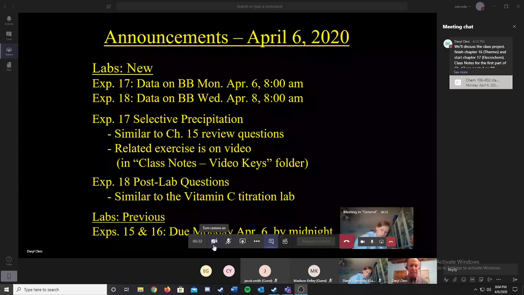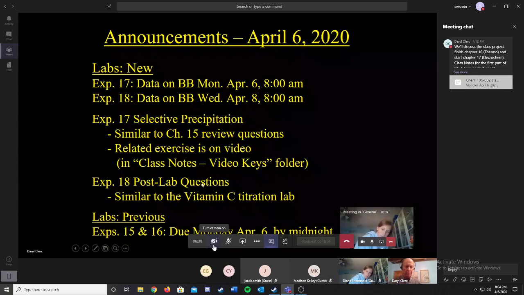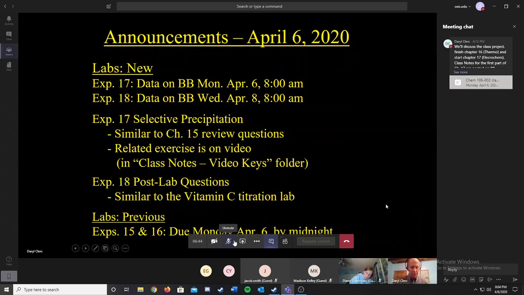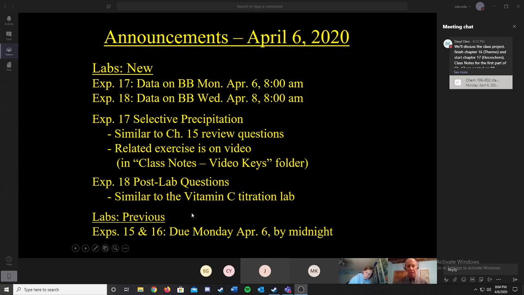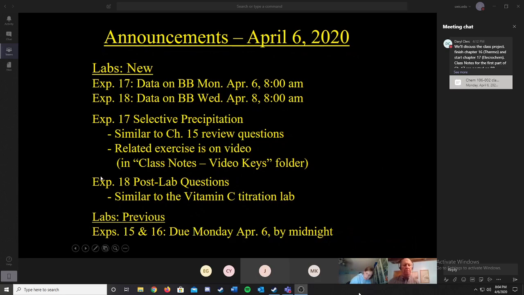Regarding experiment 18, the post-lab questions are similar to the vitamin C titration lab. And previous labs are due today. That's labs 15 and 16 due tonight by midnight. And by the way, the labs are always due on Mondays by midnight.